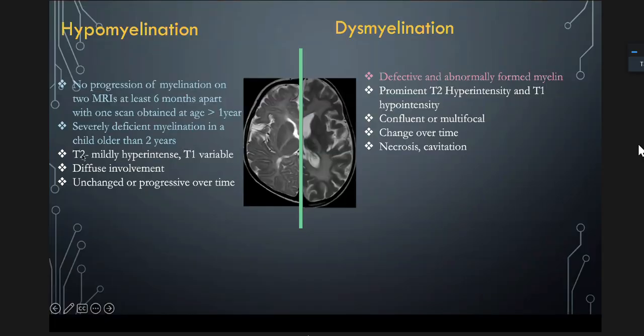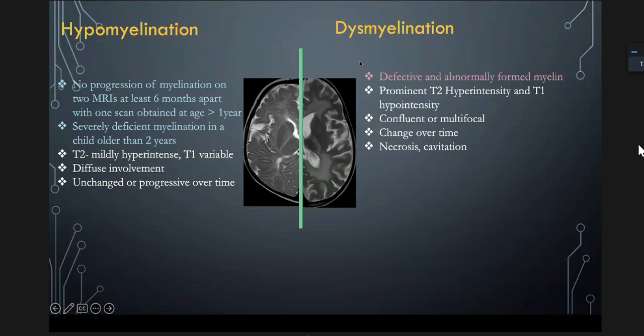Now, as I told before, in the hypomyelinating leukodystrophies there is usually diffuse involvement. The white matter is mildly hyperintense, so it's grayish, not whitish typically. And the T1 weighted signal is variable depending upon the amount of myelin which is deposited. And the hypomyelination will be either unchanged or it will progress over time.